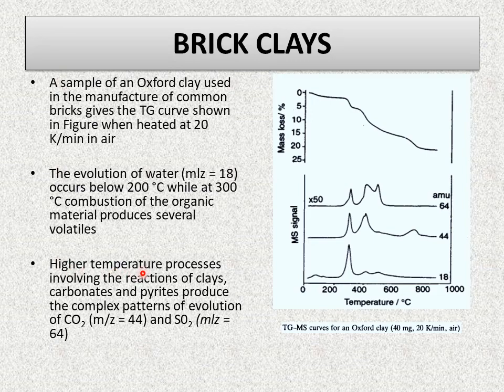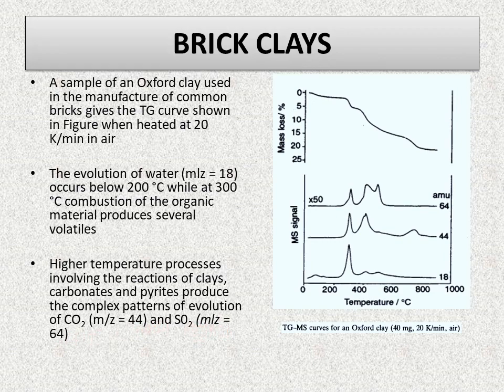Then higher temperature processes involve the reactions of clays. So when temperature is increased further, different reactions of the components of the clays occur. Carbonates and pyrites produce complex patterns of evolution of carbon dioxide with mass to charge ratio 44 and sulfur dioxide with mass to charge ratio 64.